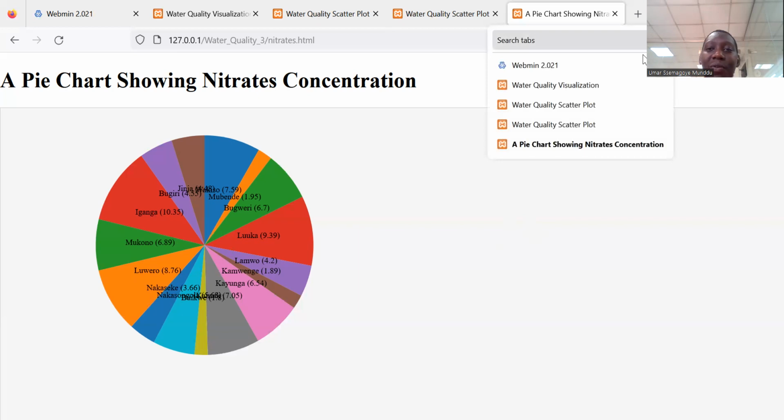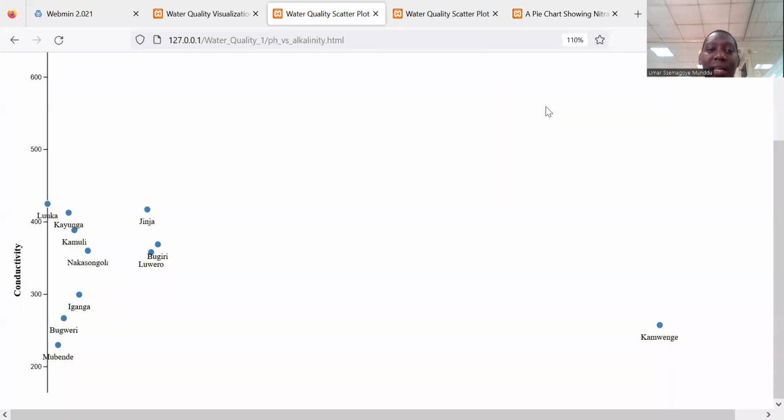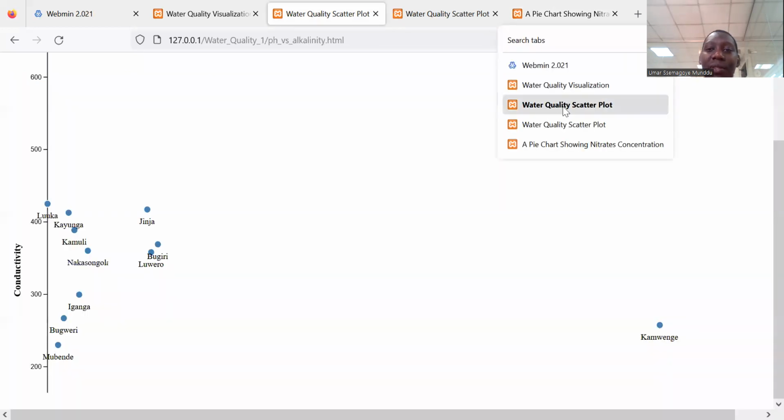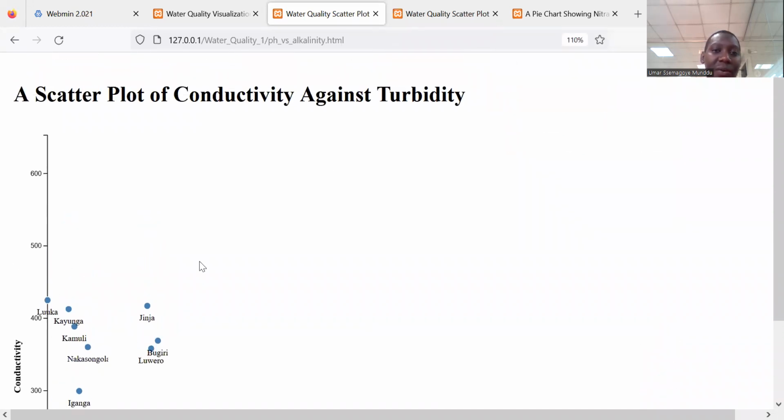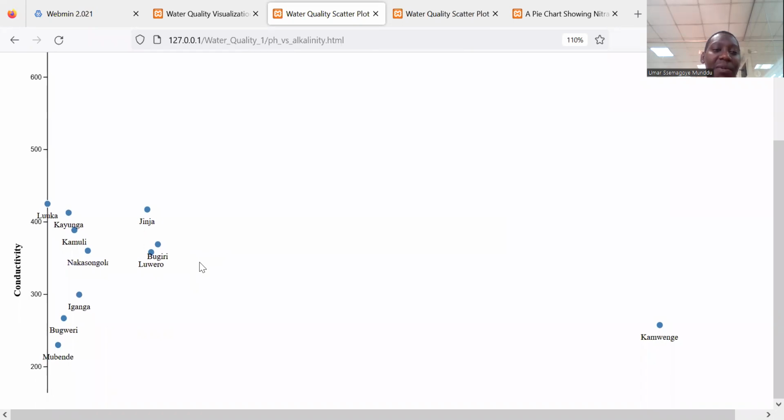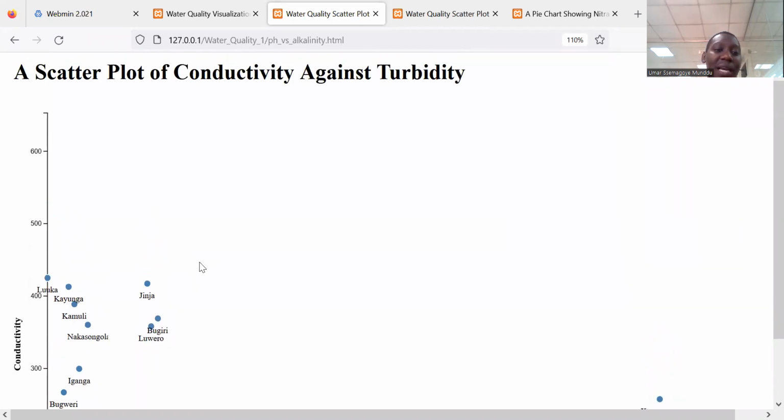If I can go back to this, yes, I think this is it. About conductivity, there's a point where I mentioned the water having too much iron, and the conductivity can be higher.